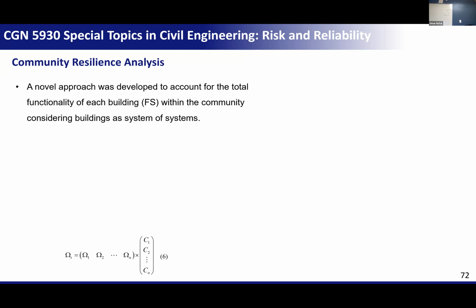But we still didn't do something like, you provide me a vector that has 10 numbers, and I only need one number to tell me if this building is functional or not functional, or that this building is functional 50% or 20%, right? That's what engineers would like. They need to know, can I live in this house or can't I, or how much functionality this building is at. So to do this, you have to find what is the most important for you.